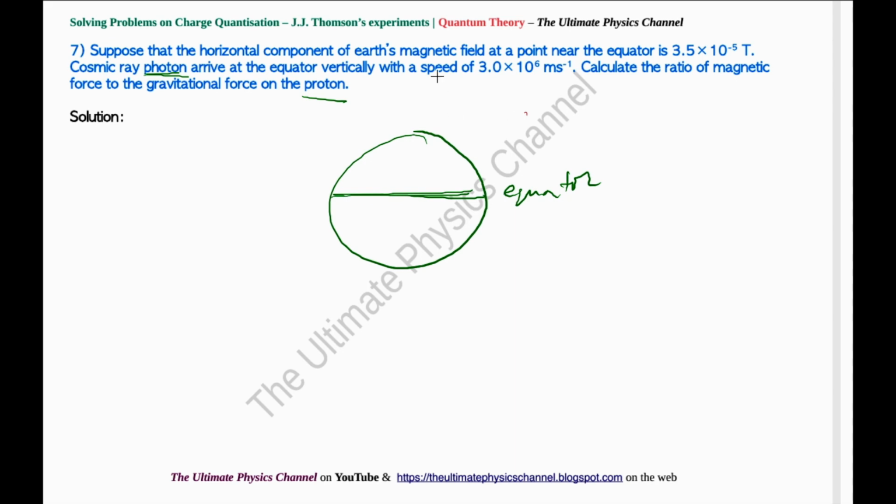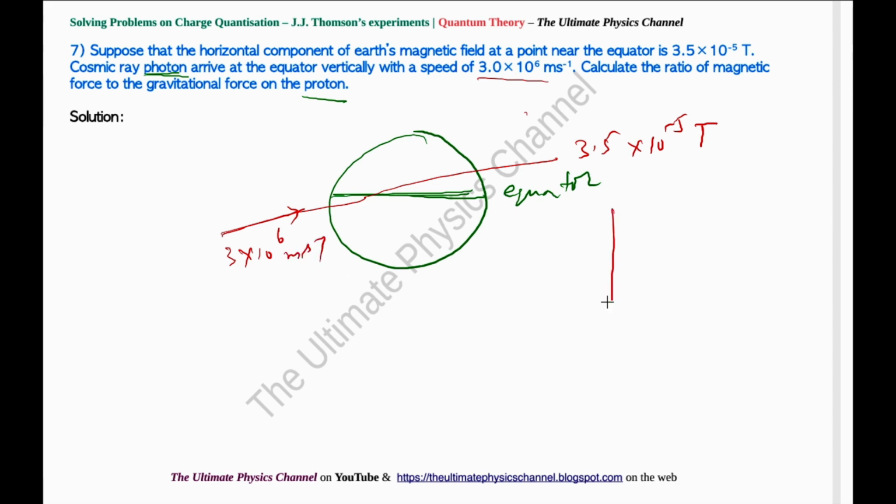And they are arriving vertically, and horizontally there is a field at the equator, which is Earth's magnetic field, the value of which is 3.5 times 10 power minus 5 Tesla. The velocity of these incoming protons is given as 3 times 10 power 6 meters per second.